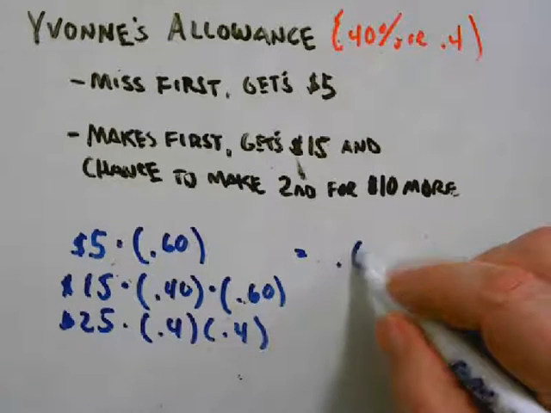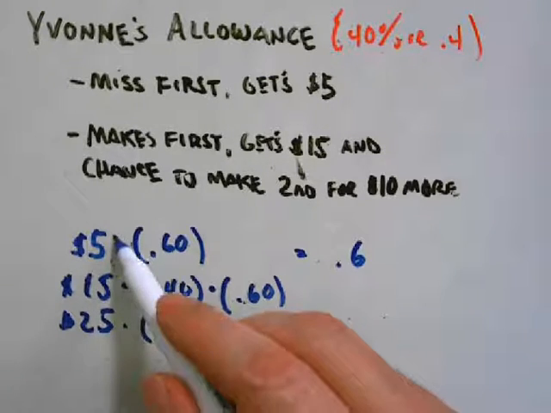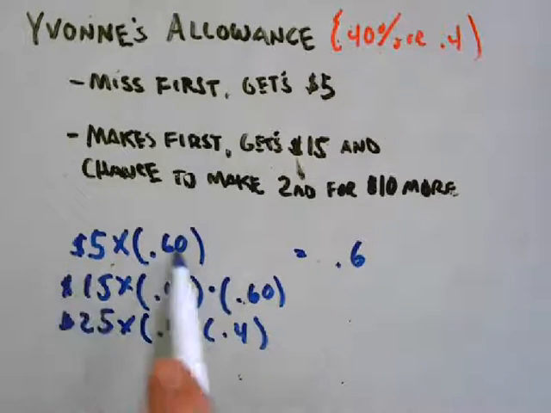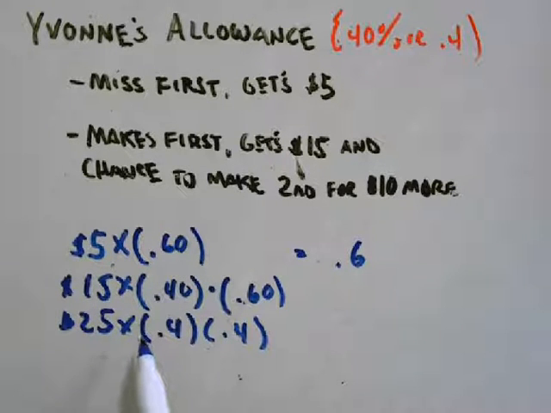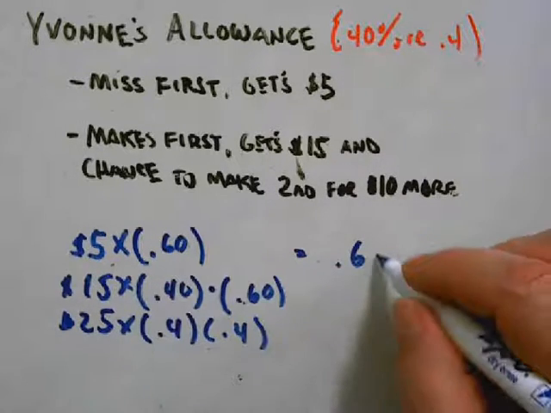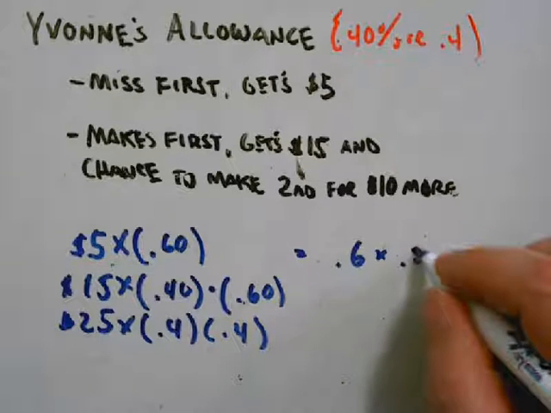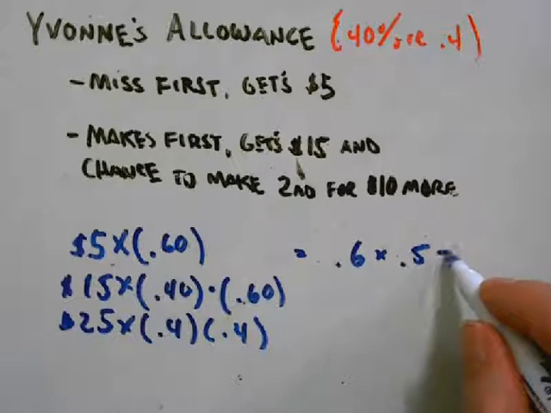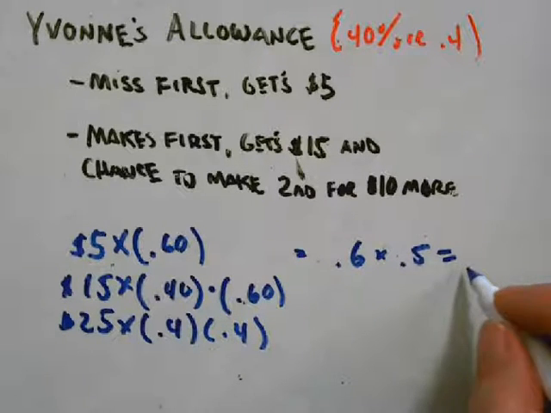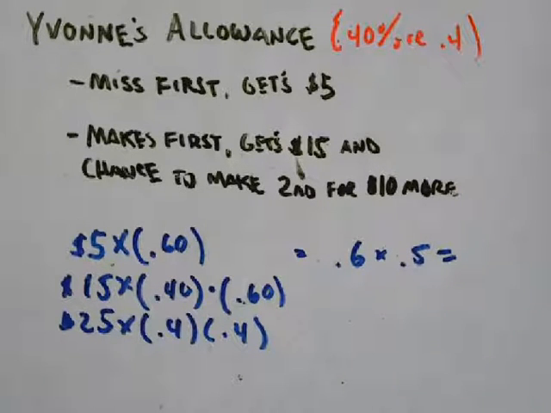Now, remember that in expected value, we must multiply all the outcomes times their probabilities of happening and add them all up. So I'm going to add the 0.6 times the $5, and let's work these out in a minute here.